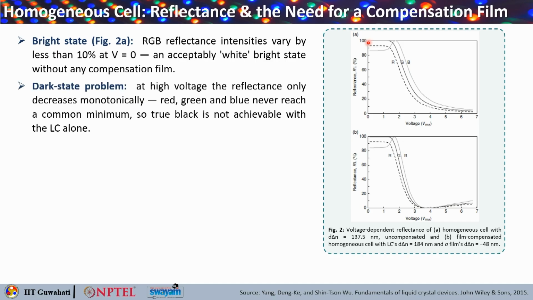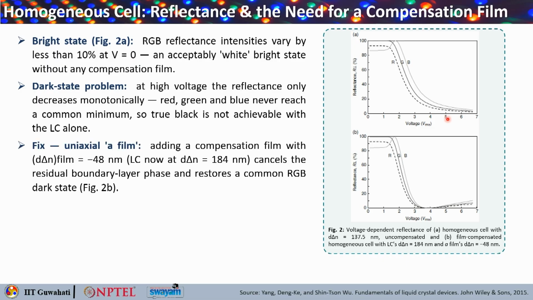Now, when you look into the other state, the dark state, at high voltage the reflectance only decreases monotonically, and you can see that the R, G and B never reach a common minimum. So, a true black or a true dark state is not achievable with this liquid crystal alone.